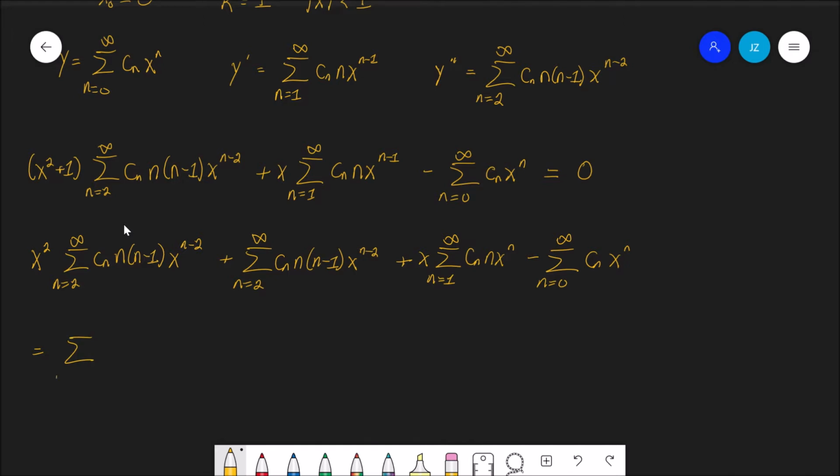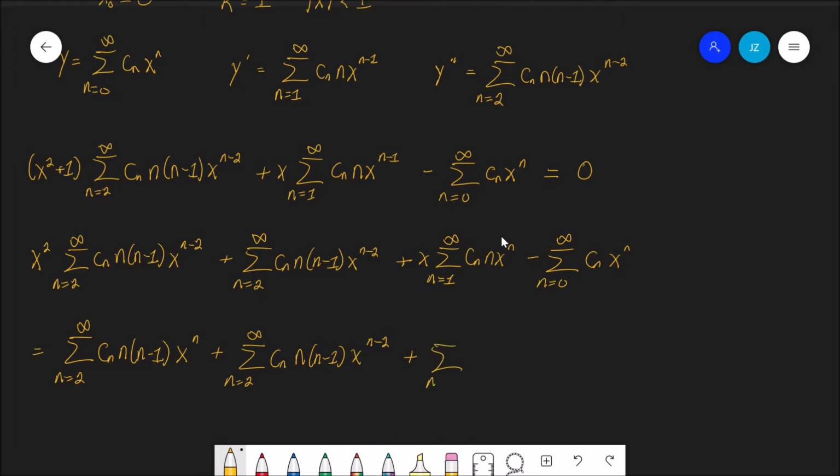That'll give the sum from n equals 2 to infinity of c sub n times n minus 1 times x to the n, plus the sum n equals 2 to infinity of c sub n times n minus 1 x to the n minus 2, plus, now I'm going to pull this x inside the summation.